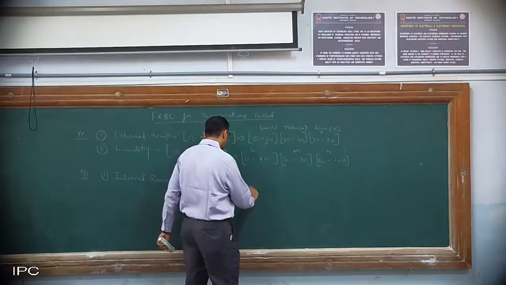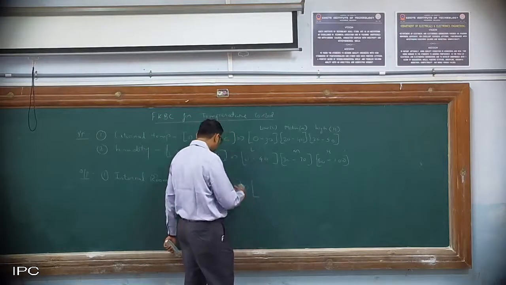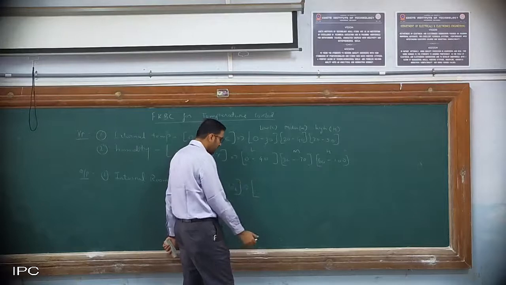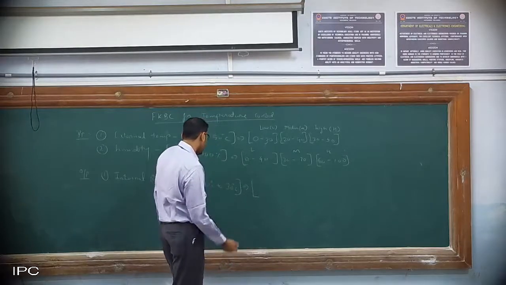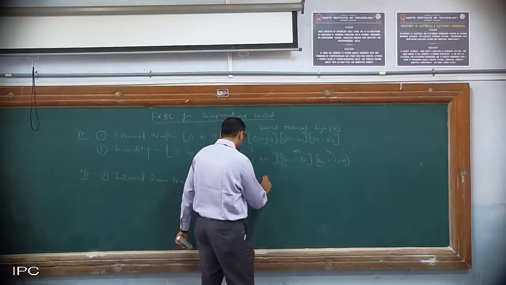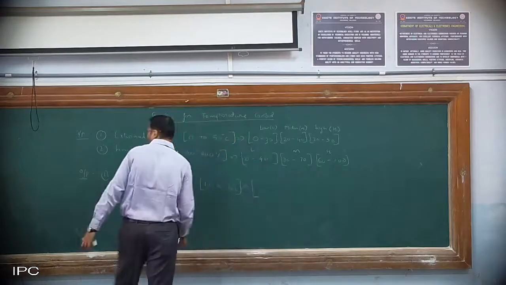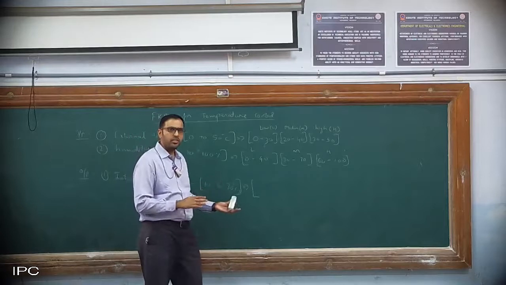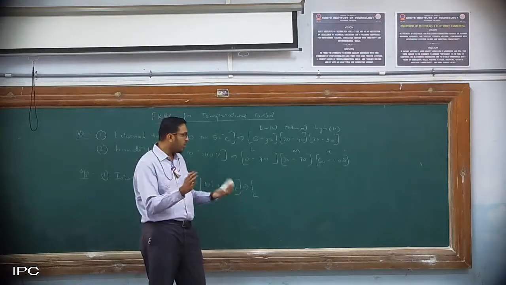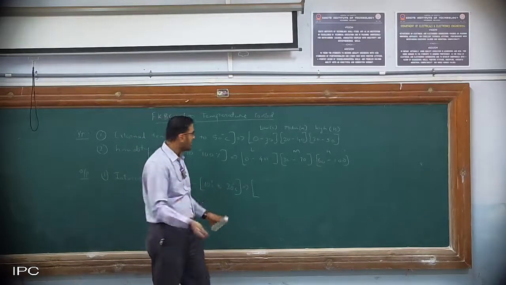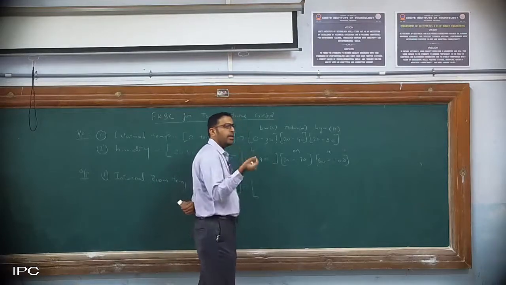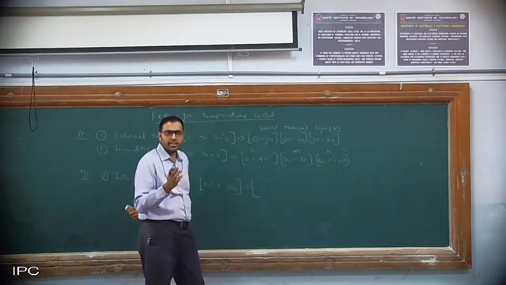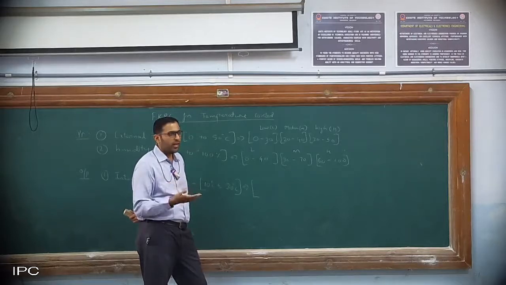Next is our internal temperature, ranging from 10 to 30 degrees. Again we can categorize it as low, medium and high. This can also be categorized as pleasant temperature, slightly lower than pleasant, and more than pleasant. The nomenclature can be given however is feasible for the situation.